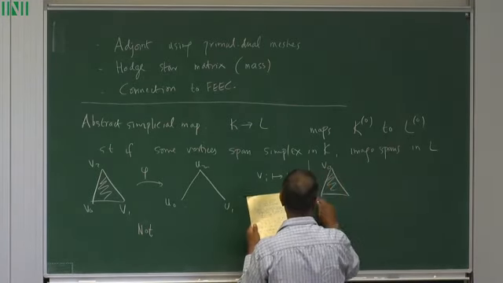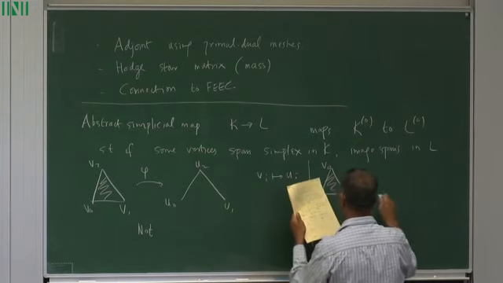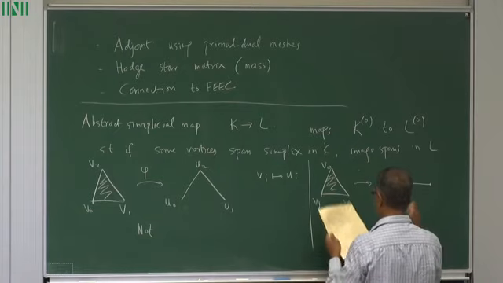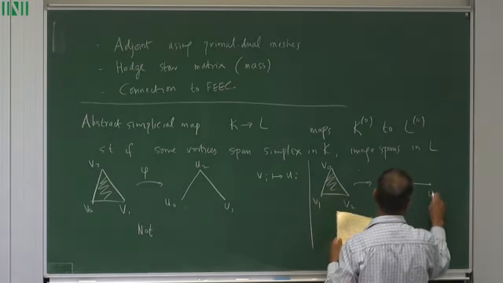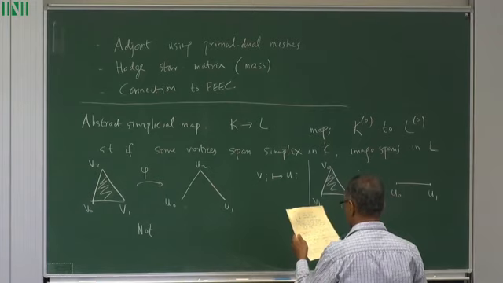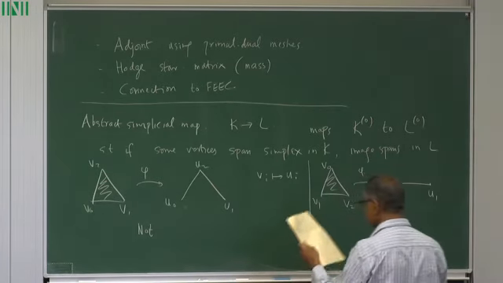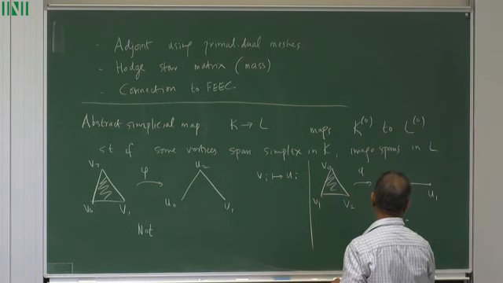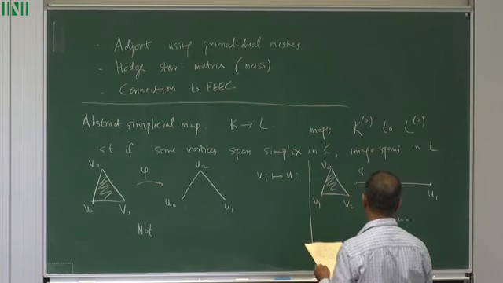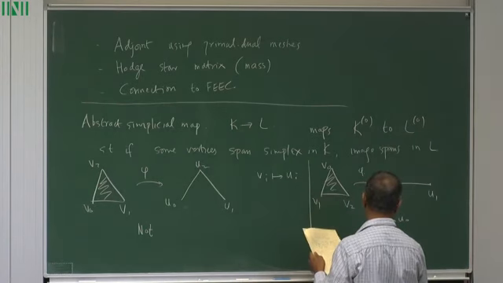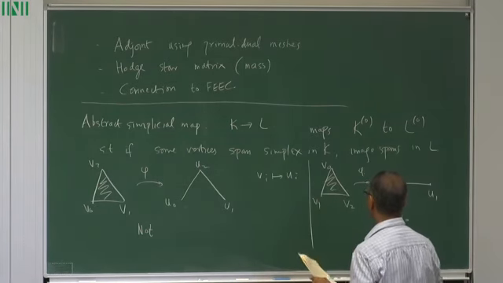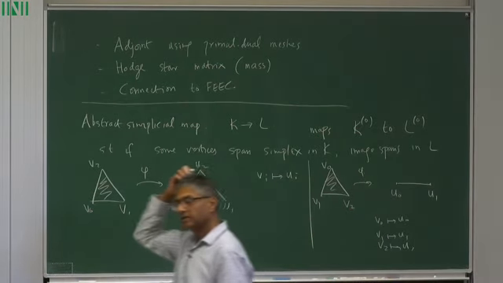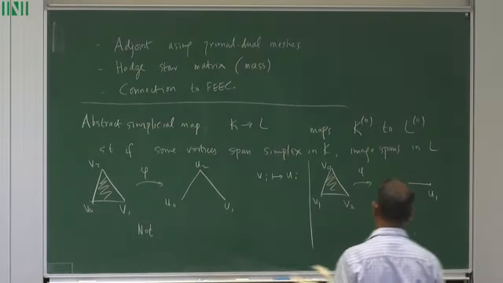So here's one which is an abstract simplicial map, and this one involves a collapse. So let's say this map phi maps vertex V0 to U0, V1 to U1, and V2 to U1, sorry. So then this is okay. This is still a valid abstract simplicial map.